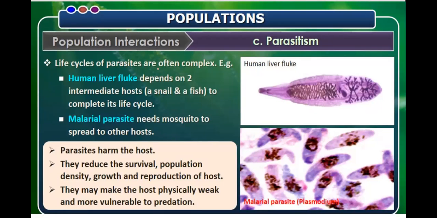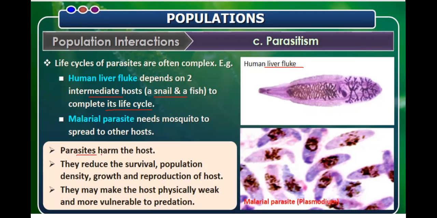Life cycles of human parasites are often complex. Example, human liver fluke depends on two intermediate hosts, a snail and a fish, to complete its life cycle. Human liver fluke, it needs two intermediate hosts. One is snail and another is fish. Malarial parasite needs mosquito to spread to other hosts.